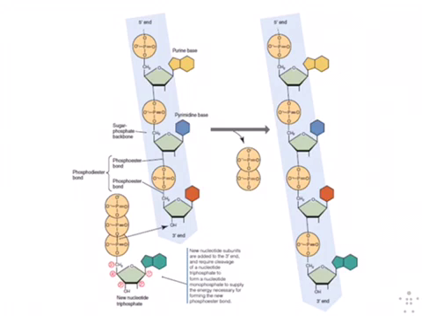The 5' triphosphates, okay, they contribute, right here, they contribute the energy to form the ester bond, okay? And this explains why only nucleotide triphosphates are added to growing nucleic acid chains.